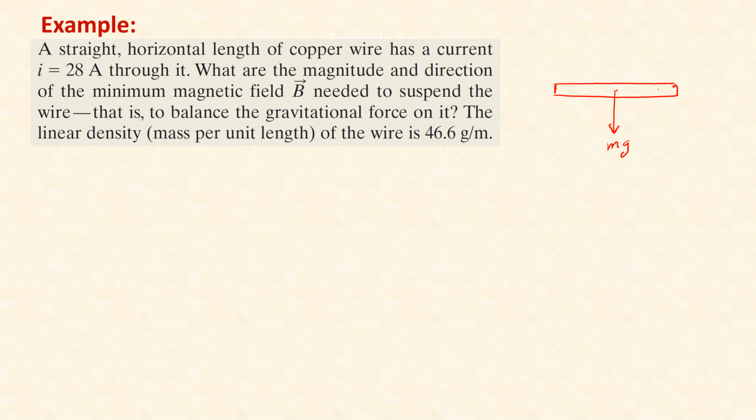Let's say the current I is going to the right, and it has some mass. We want to see what should be the direction of the magnetic field to balance the gravity, or the weight, of this wire.